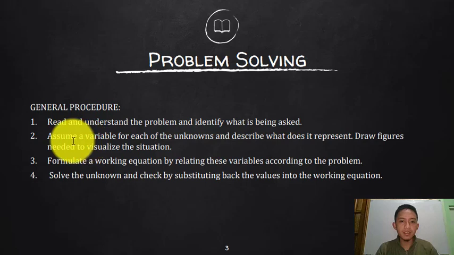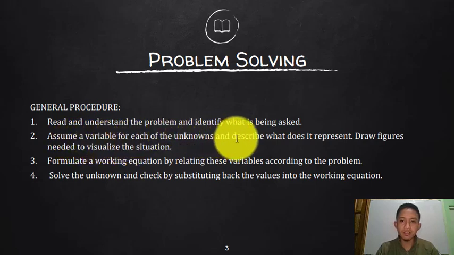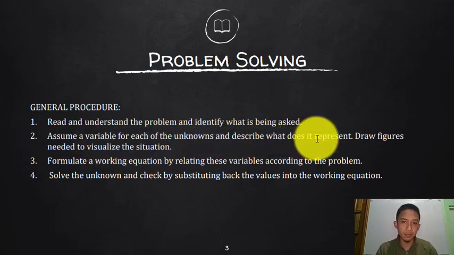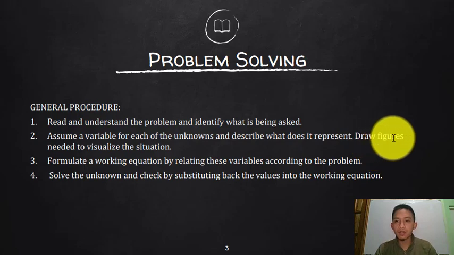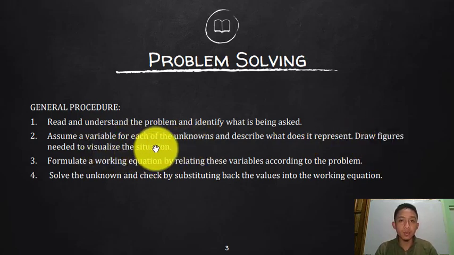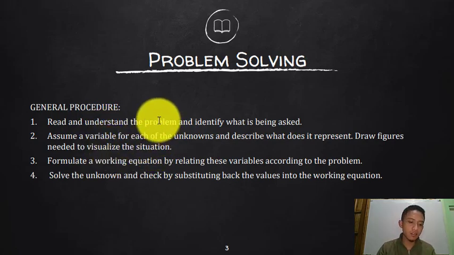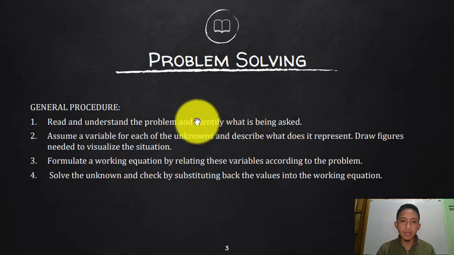And then after that, assume a variable for each of the unknowns and describe what it represents. And then of course, draw figures needed to visualize the situation if that is needed. That is also very important, because we cannot apply equations or solutions of equations if you do not have an equation. In the first place, you need to translate your worded problem into a resulting equation.